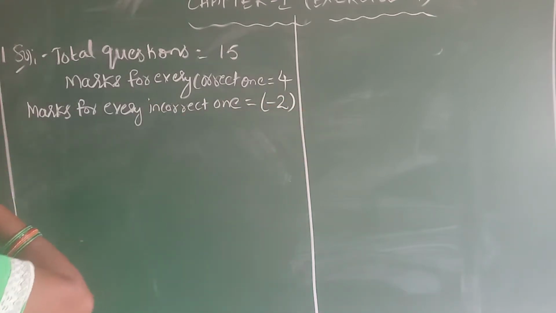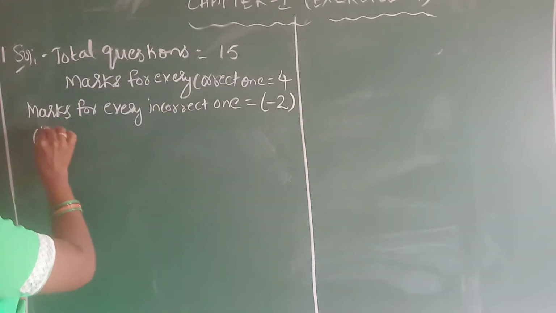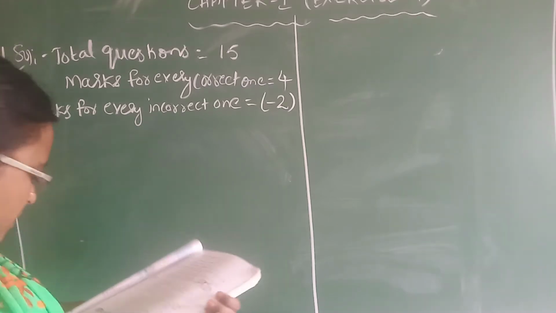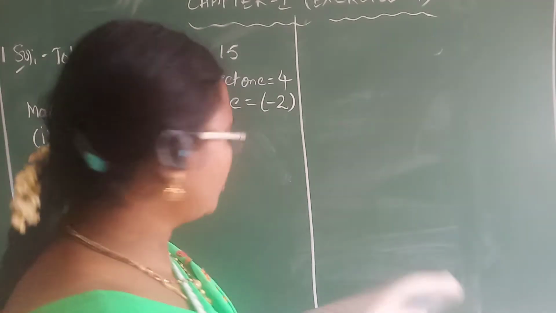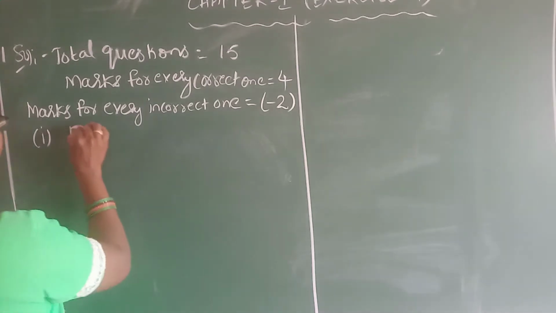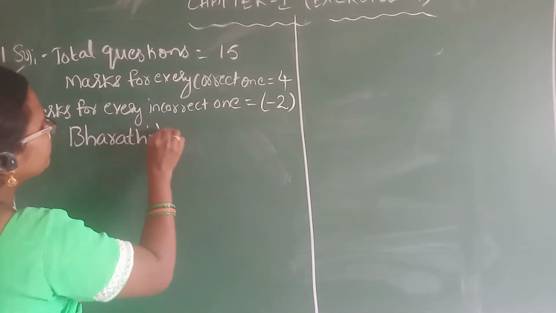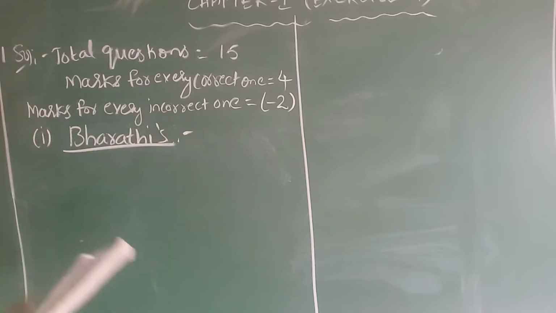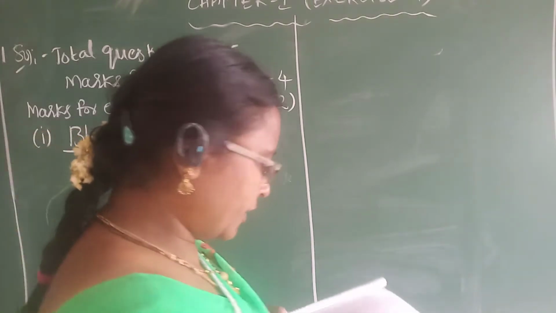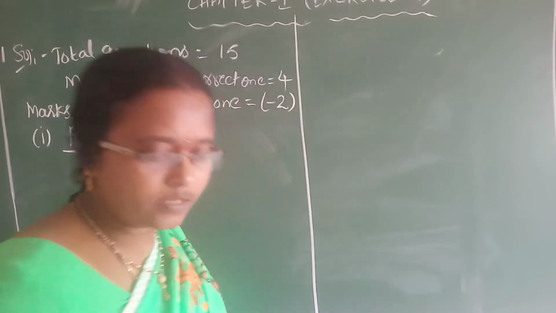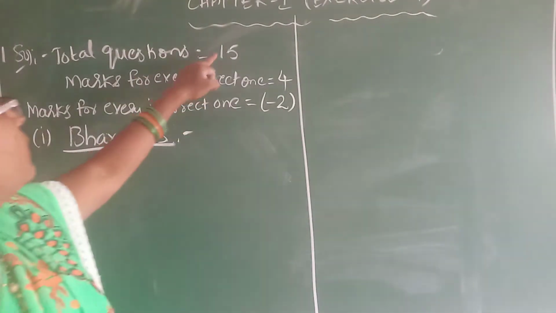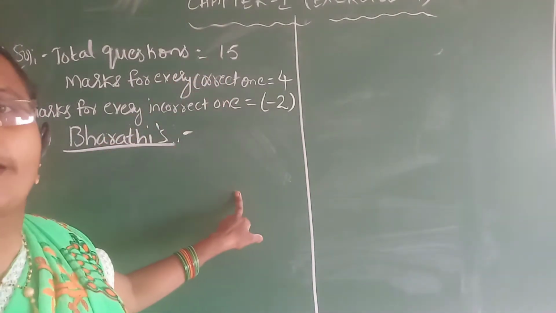So, among these, 3 questions are given for us. First, Bharati attempted all questions but only 9 answers are correct. She has attempted a total of 15 questions, among which only 9 are correct.